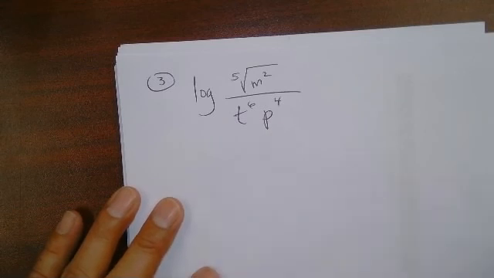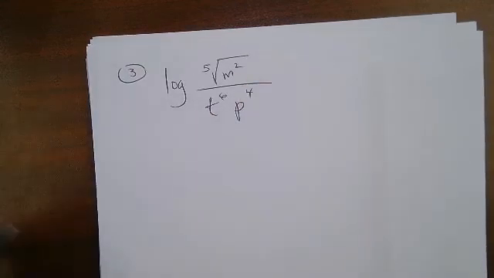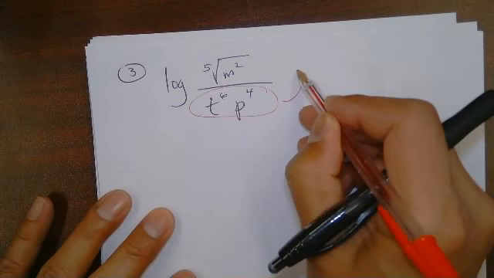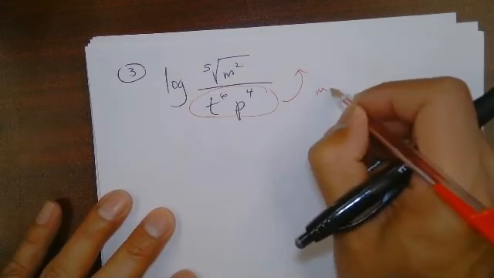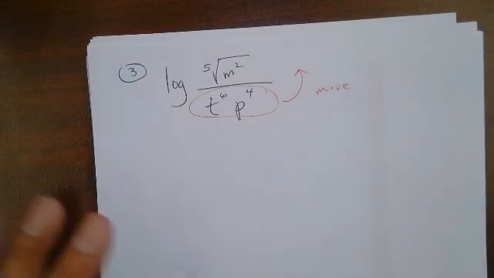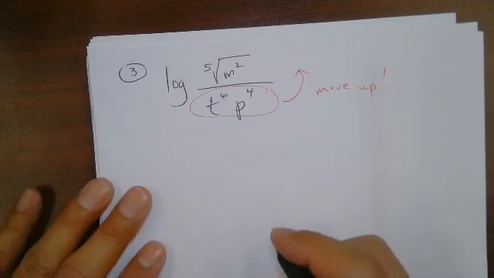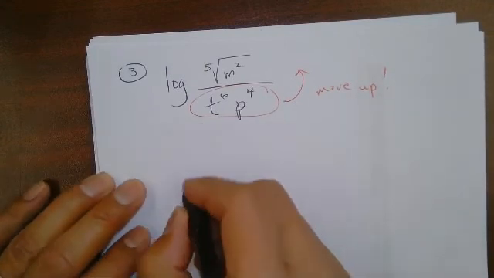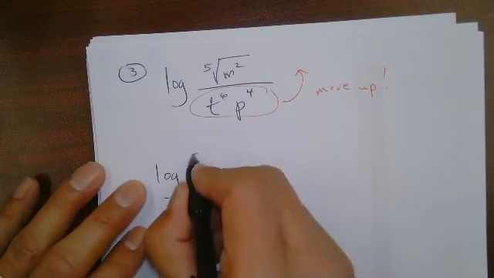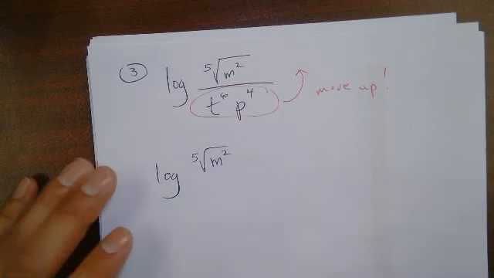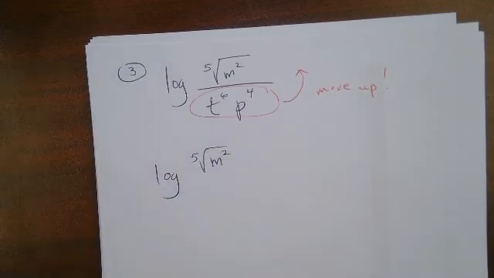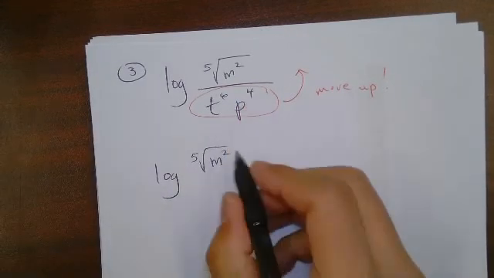Tell me what you're going to do when you see a division. We don't want it anymore. Move them up. Move which ones up? Both of these, yes? Move them up. See, we're not going to deal with the division anymore. Move it up. So now your new problem is what? Log what?